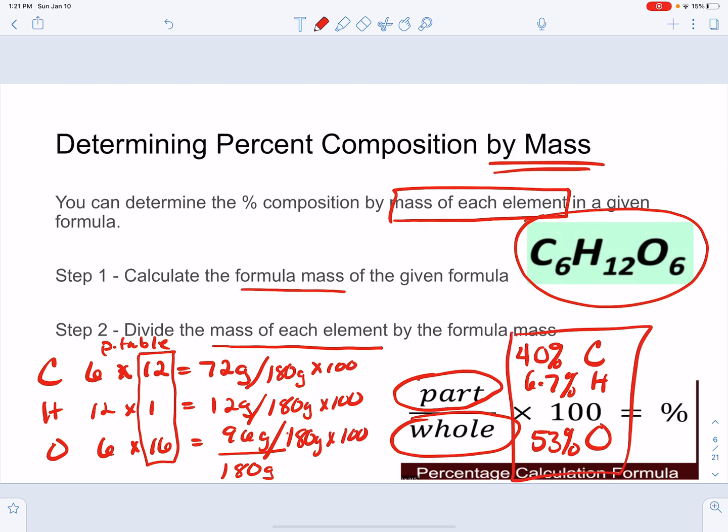That would be my answer to this particular problem: determine the percent composition by mass of each element in the given formula. So in this formula, 40% of the mass is coming from the carbon, 53% is coming from oxygen, and 6.7% is coming from hydrogen. This is how you determine percent composition by mass.